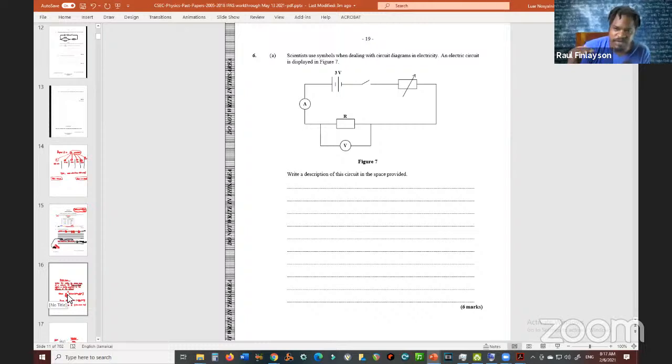But this is like a little introduction to it. So try and understand this part. If most persons do this, then I'll just go through it in class and show you the answers that you should have, or highlight those who gave me the correct answers. And then we take it from there.